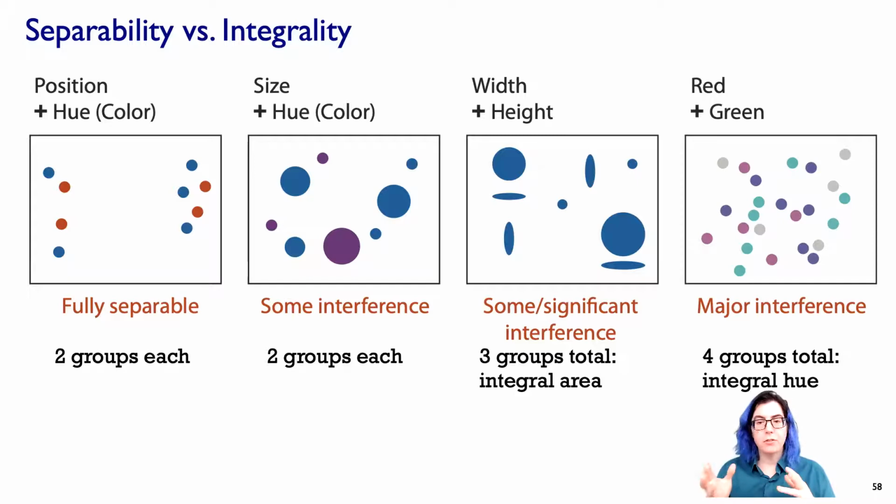So we don't have two and two anymore. We have four groups. These are integral percepts. So integrality versus separability is something you have to consider carefully. These channels have a lot of crosstalk and interference, and you have to choose carefully to make sure that the message you're trying to convey can actually get through your retina into your brain to convey information to a human.